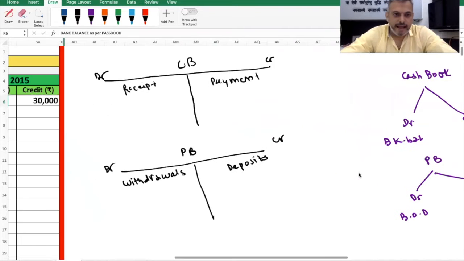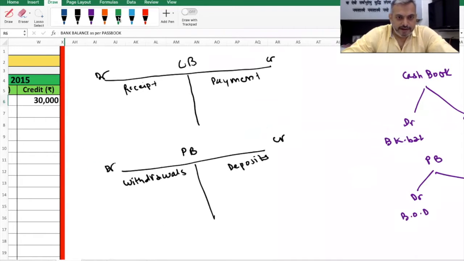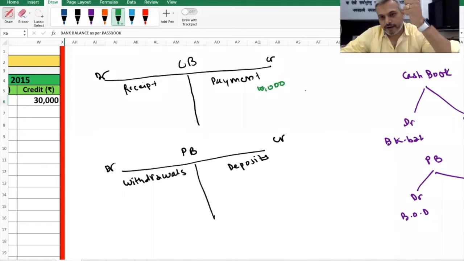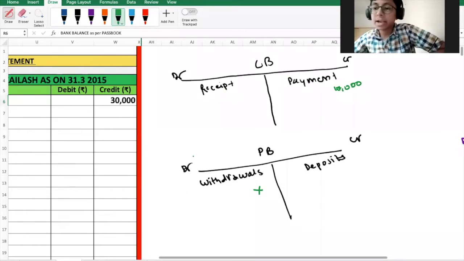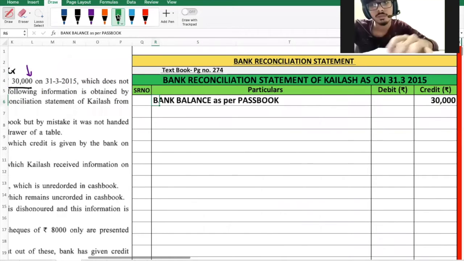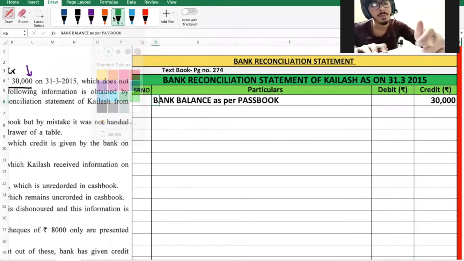So in my cash book, on the credit side, I have recorded 10,000, but I did not give this check to the creditor. So the creditor did not deposit this check in his bank account, so it has not come in the passbook. So which side will we record it on in the bank reconciliation statement? Debit side. Very good.